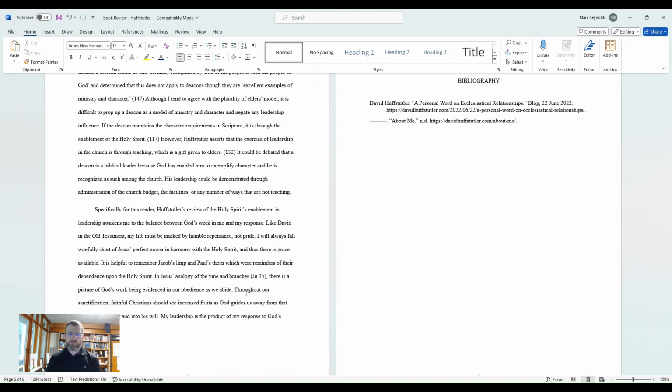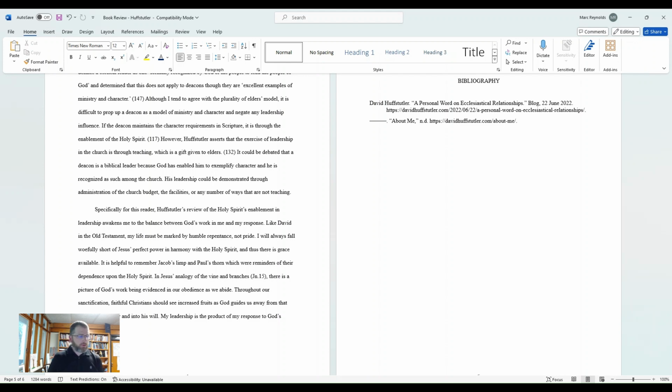It's not like a research paper where you're completely in third person. You're going to say, well, do I agree with this? Is this something that you can see as supported, or is this something that you see as biased, or perhaps see some gaps there? You may have to go to other sources. You'll see here I've got in the bibliography only one item, and it's not the book. It's how I learned a little bit about the author himself. So you have to go and do some digging.